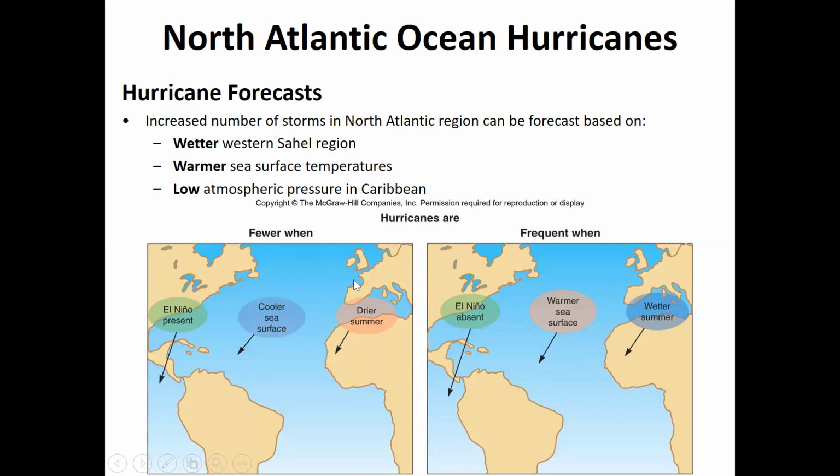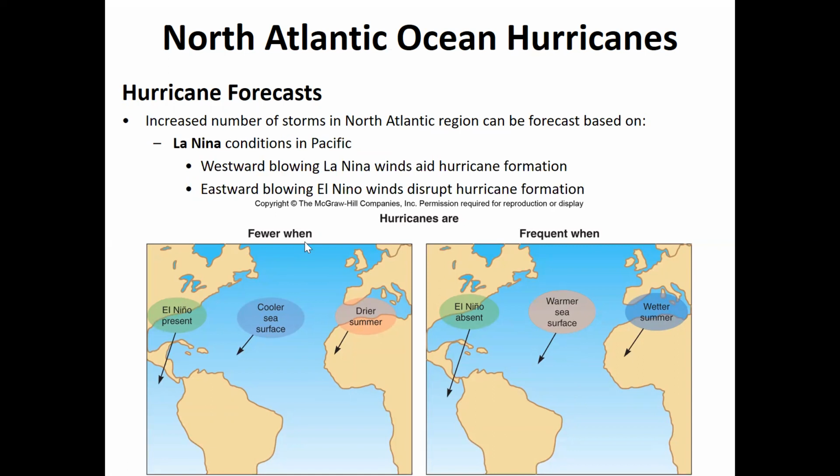However, if it's drier in Western Africa, there are going to be fewer storms. There are cooler sea surface temperatures, not as much energy, and higher pressure in the Caribbean. Then we're going to have fewer hurricanes. It's going to be a less active season.